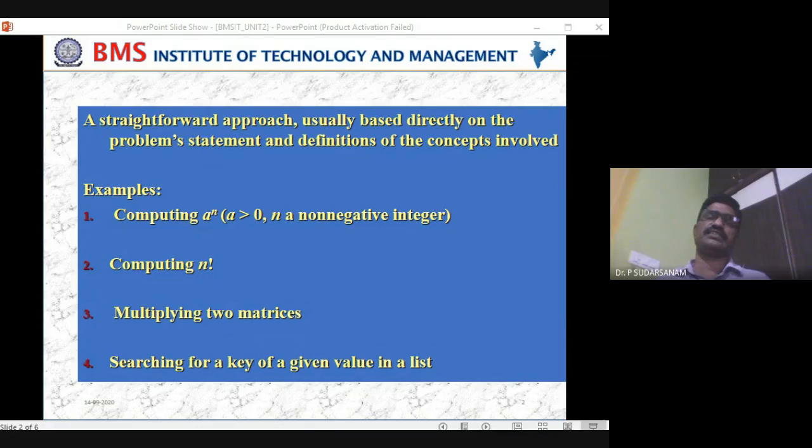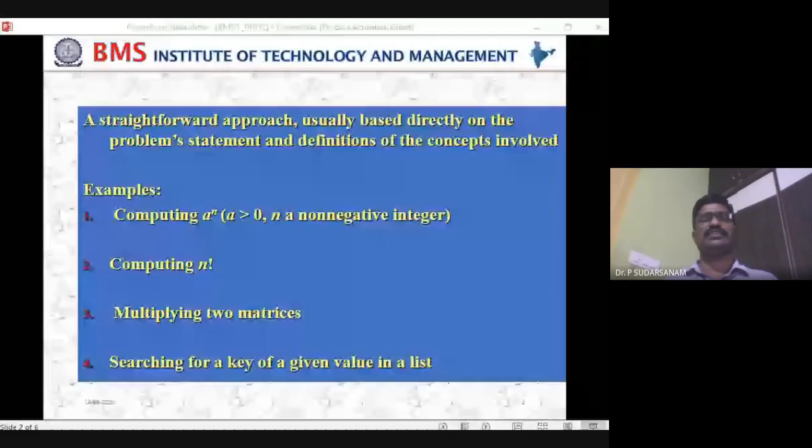Next is the recurrence relation. If it is non-recursion, see how many loops there are, and that many summations you put: first loop, first summation, second loop, second summation. If you have 3, you put one more summation accordingly. You write n into, and don't worry about that. Even if you write those 3 equations and do 1 or 2 simplifications, you can directly write n into n square.